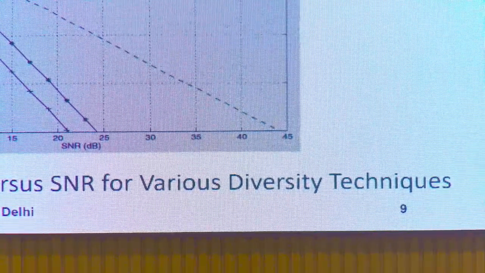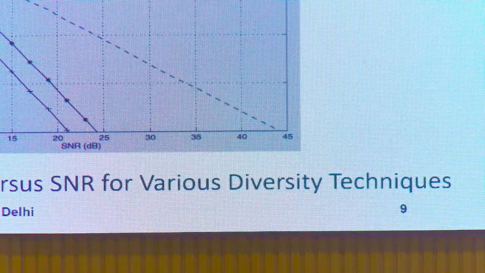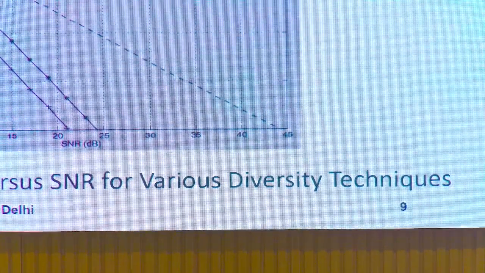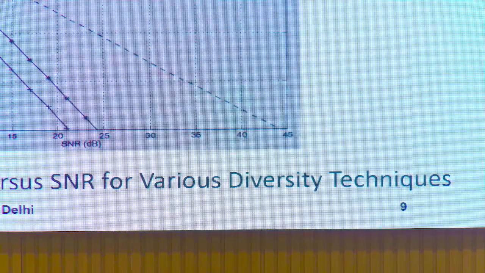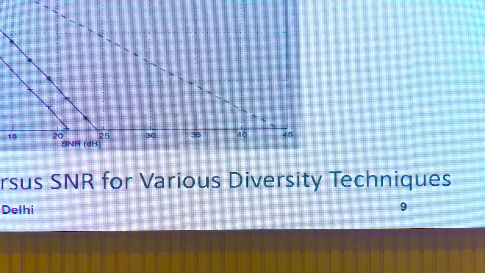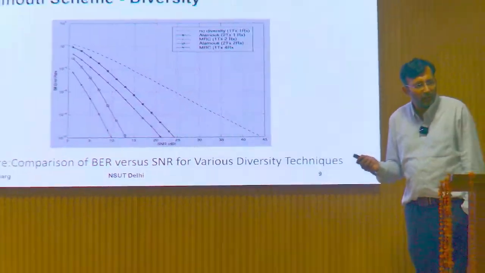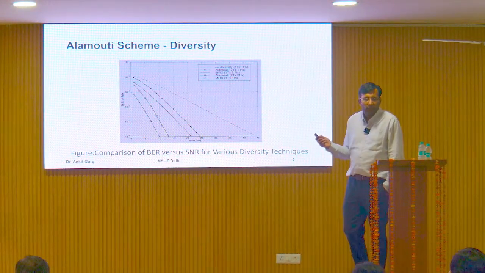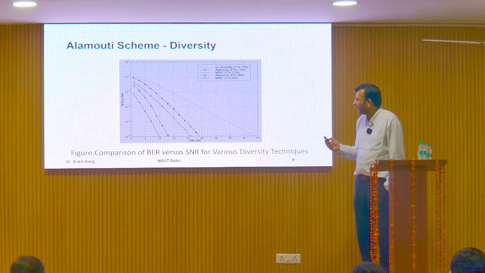So here you can easily see the comparison between the different configurations using different signal processing techniques, like this dashed line where we consider only one transmitter and one receiver, right? Slope would be 1, only one channel, diversity gain would be 1, right?